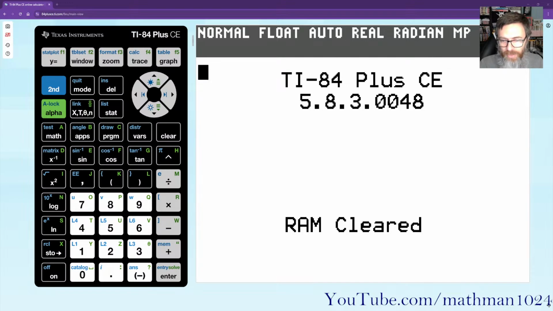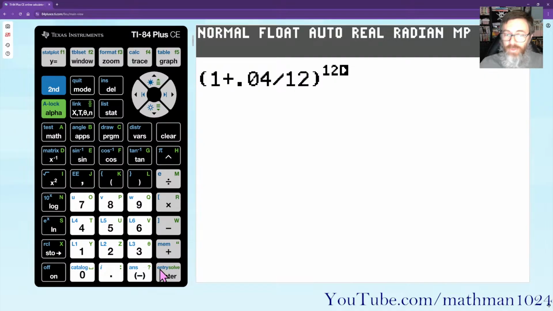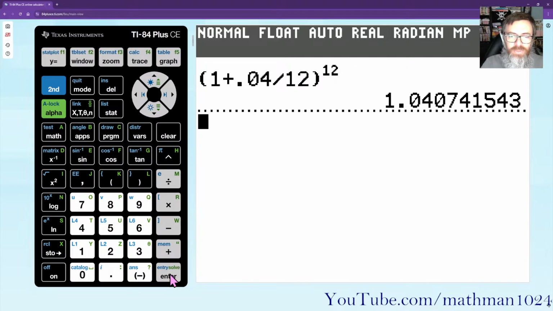So here's what that would look like if you did 4% compounded monthly for a year. You have the 100% plus 4%, so 0.04 divided by 12 for monthly. And if you raise this to the 12th power, because it's 12 months for the whole year, that means each month you're taking whatever you have and multiplying it by 1 plus 0.04 divided by 12.